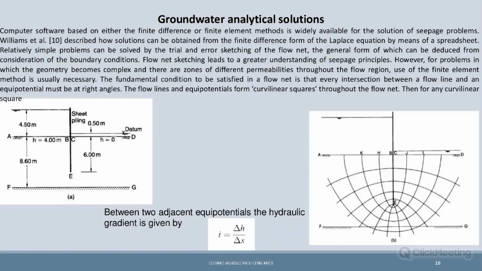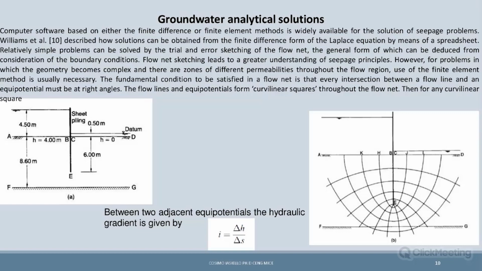Another option of analytical solution is the so-called flow nets. This is what I like, because they are very graphic, and they are based on the hydraulic gradient. The main purpose of the flow net is to estimate the flow and to check if the embedded length of our pile is enough to cut the flow, or to avoid a value of overflow, no?